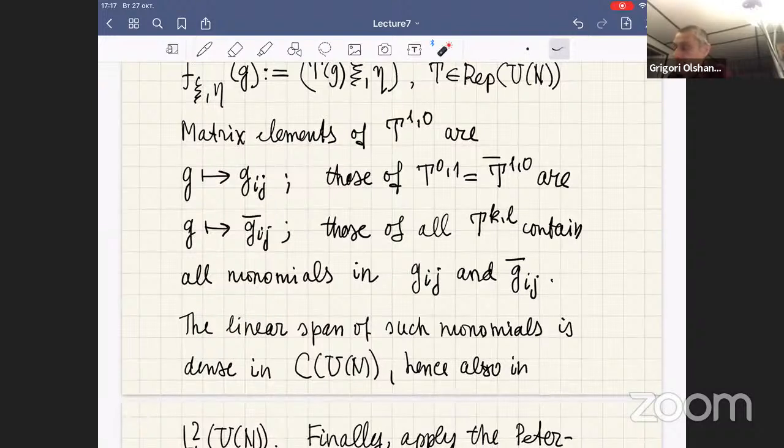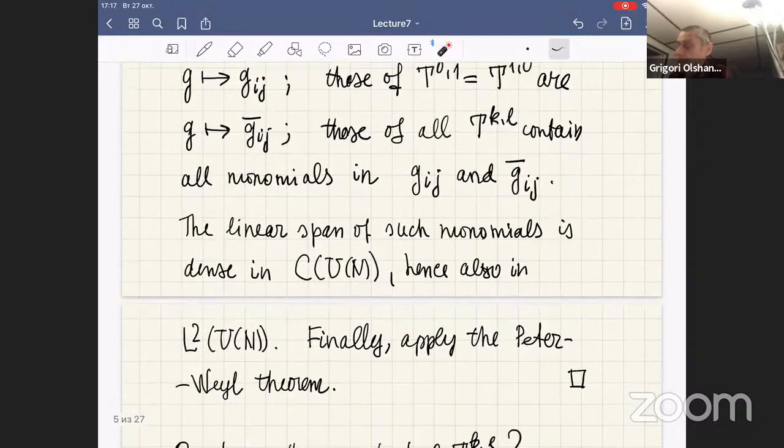So we apply the Stone-Weierstrass theorem, which says that the linear span of these monomials formed from matrix elements, this is an algebra, is dense in the algebra of all complex valued functions with respect to the uniform norm, the supremum norm.